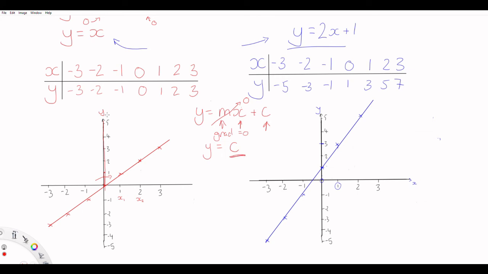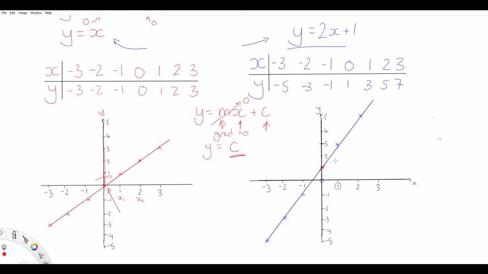So let's test that for these two that we've drawn. In the first one, y equals x, and there is no term after that, so the plus c is 0. C equals 0 for the first one. So does our rule apply there? Here is the point 0, 0. When it crosses the y-axis, it is at the point 0. What about our second one? Here we have y equals 2x plus 1, so our c term is 1.